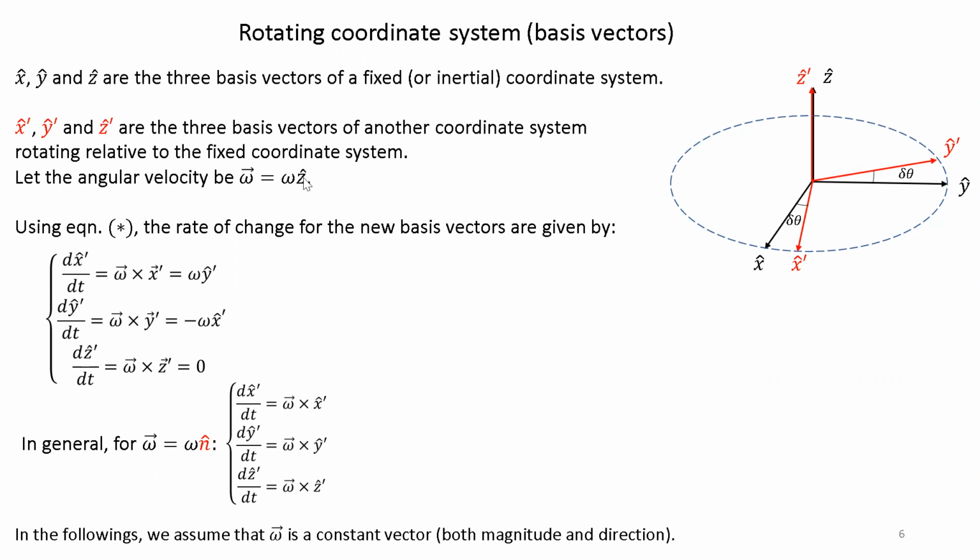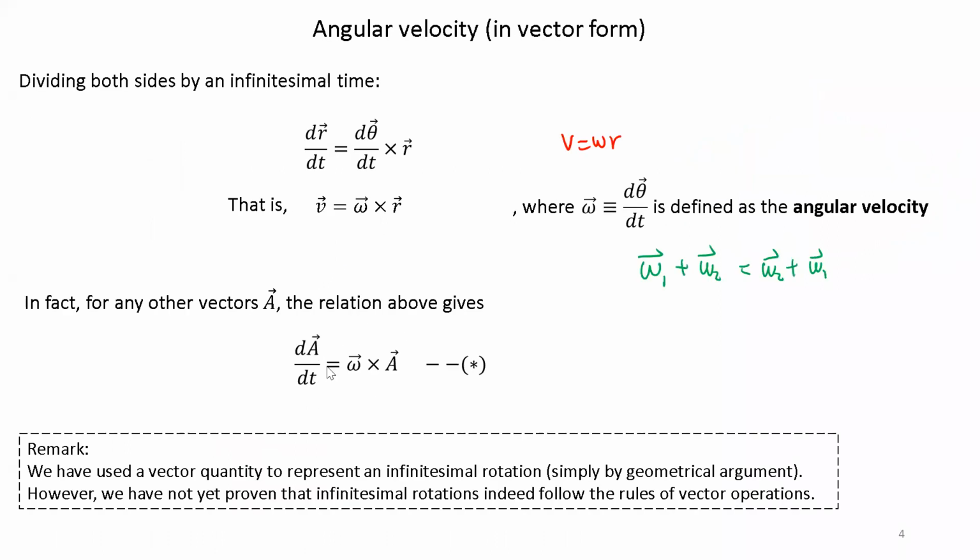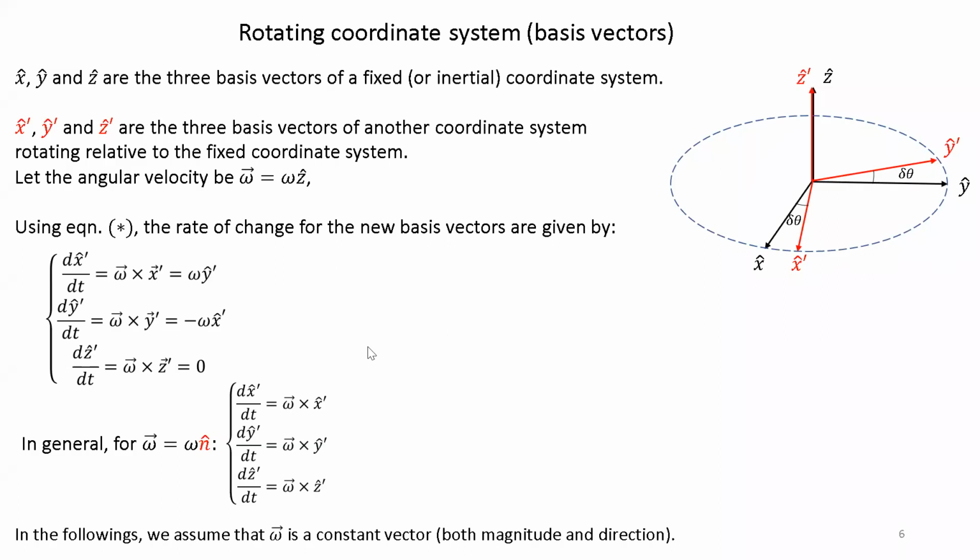To express the new basis vectors due to the rotation, I can make use of the result that d dt of a vector is omega cross that vector.